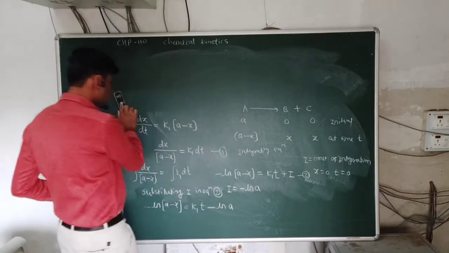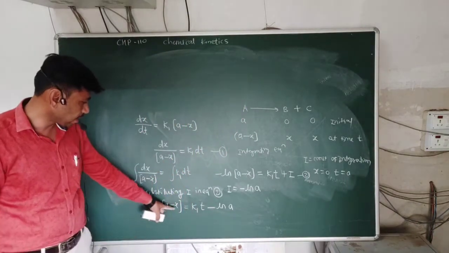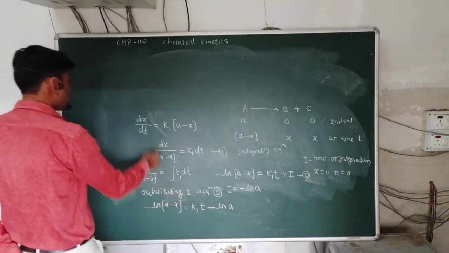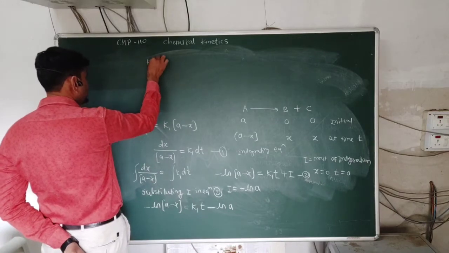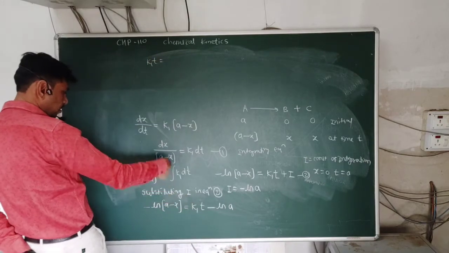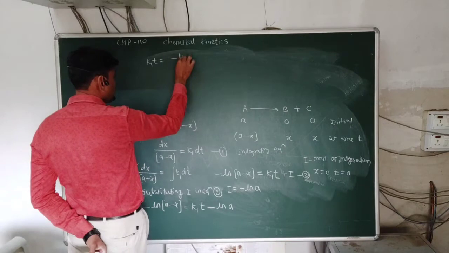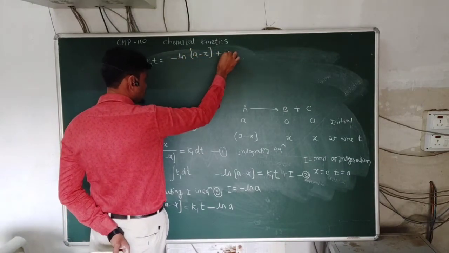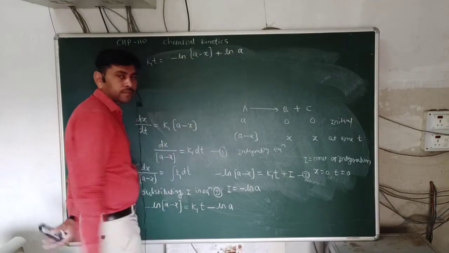Now rearranging this equation, k1t equal to minus ln (A minus x) plus ln A.